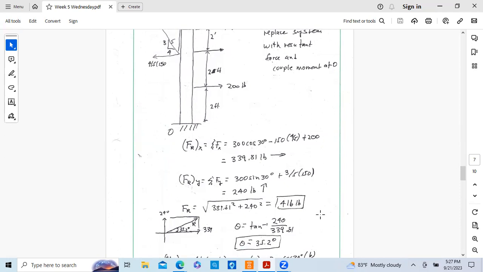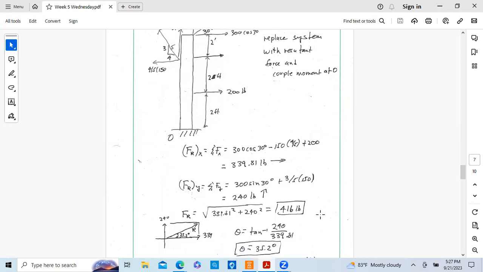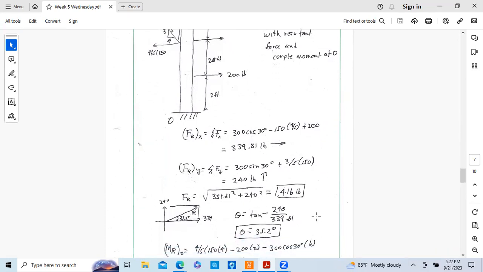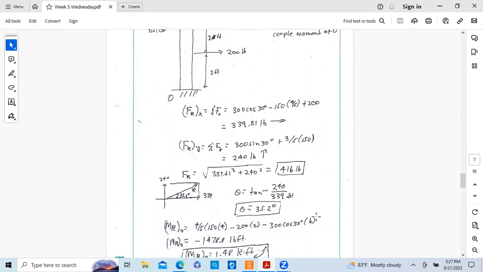So what we've done is take the forces, and we found the resultant force acting on here. That's a taste of design, knowing that force.